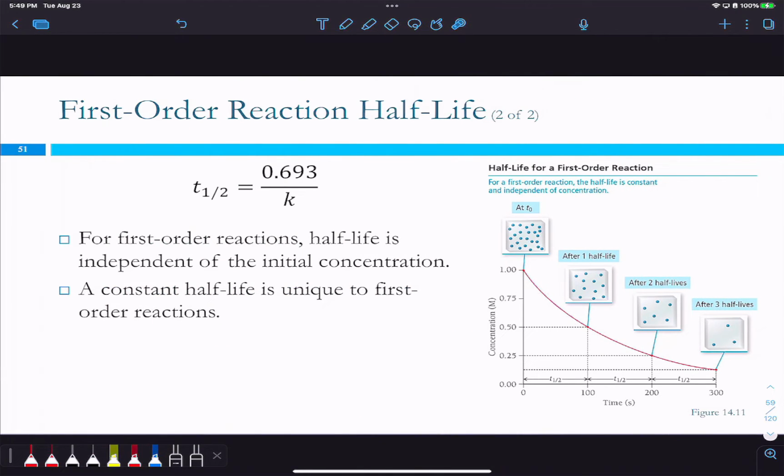So here's that expression again. This is the more common one. The half-life of a first order reaction is 0.693 divided by k, which again is unique to first order reactions.